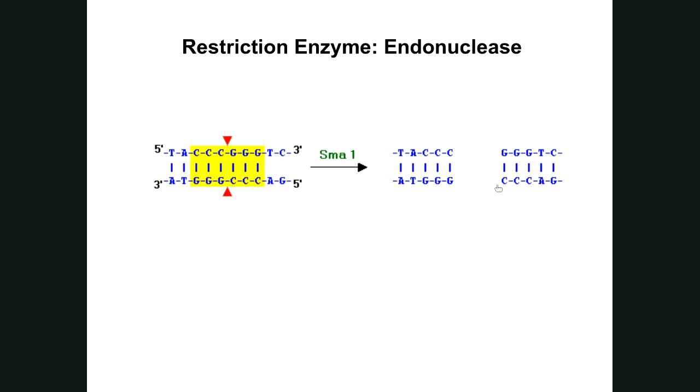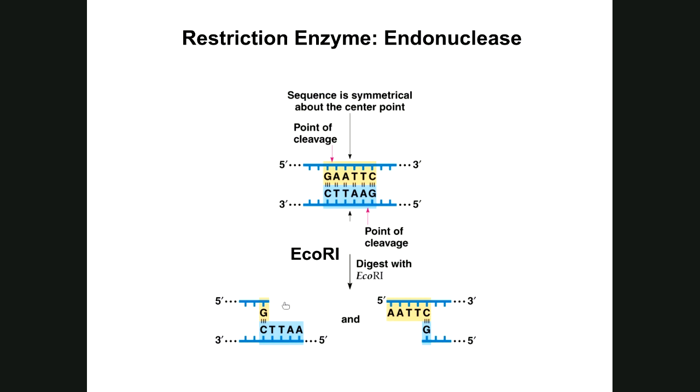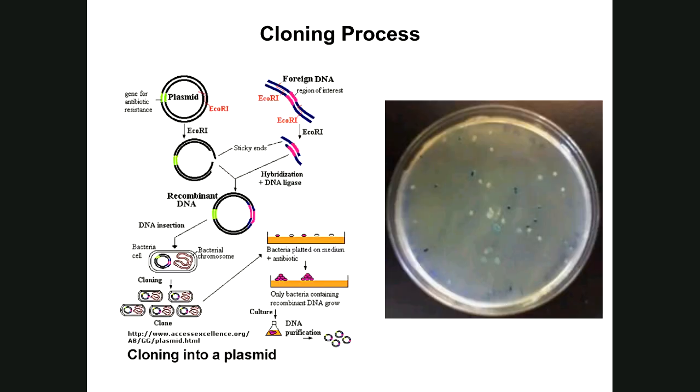Okay. The type of enzyme that we preferred to use in the lab was enzymes that created sticky ends. And the reason for that has to do with this. What we would do is perform a process that we called, in lay terms, cut and paste. We would use a restriction enzyme such as EcoRI to cut out our DNA of interest and to cut open our vector.